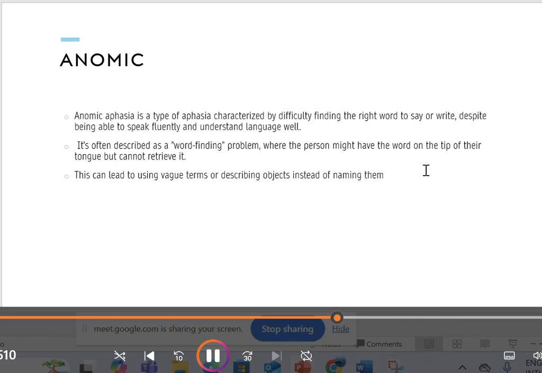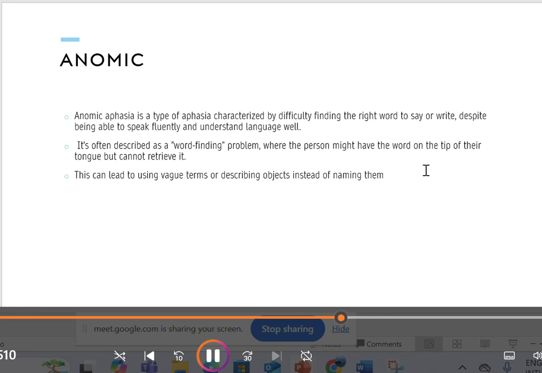Next one is anomia. Anomia is characterized by difficulty in finding the right word. This happens in the other two types of aphasia also. The right word is not able to be found, to say or write, despite being able to speak fluently and understand the language well.